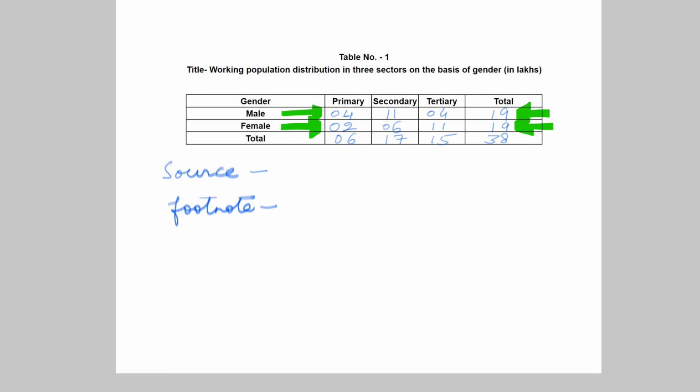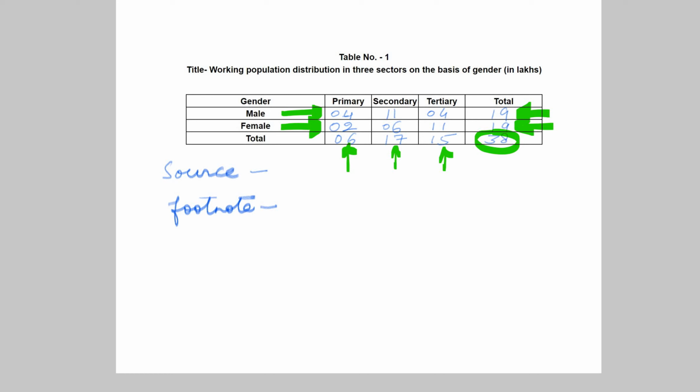And in totality, if we add vertically, we get 6 lakh people, both male and female, working in the primary sector. If we add vertically in the secondary sector, we see that 17 lakh people are working in the secondary sector, and in the tertiary sector there are 15 lakh people who are working, and in totality 38 lakh people are there in the economy who are working in all the 3 sectors.